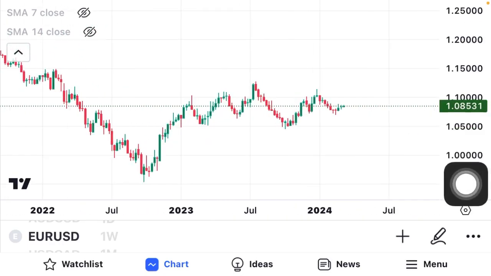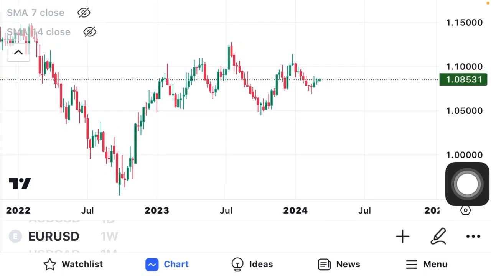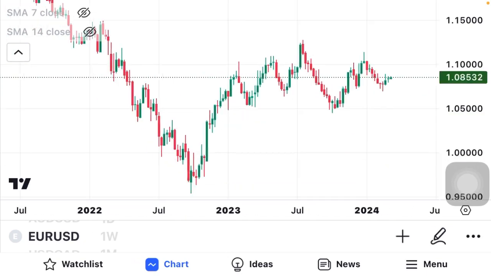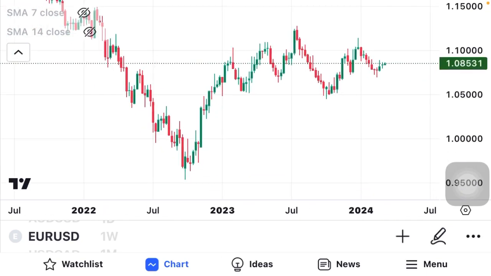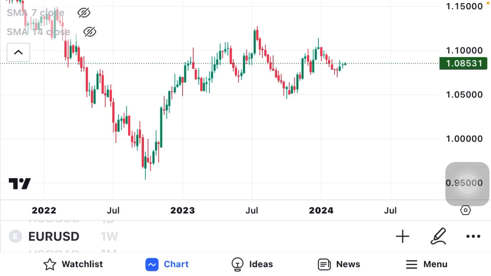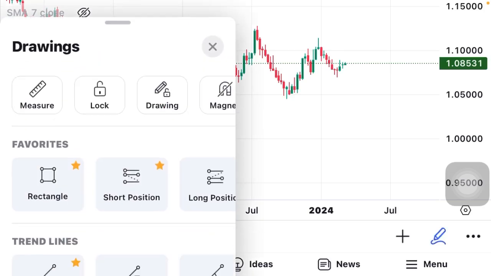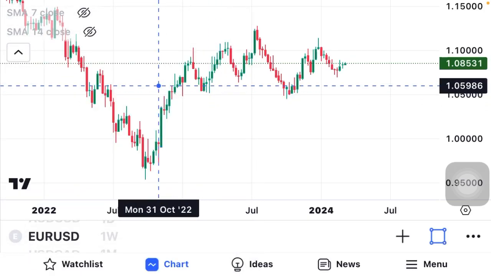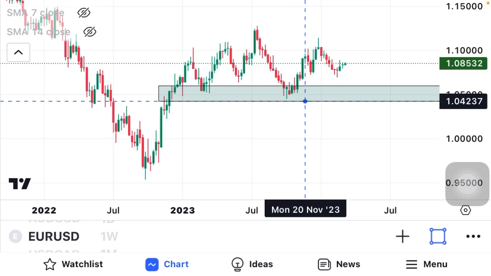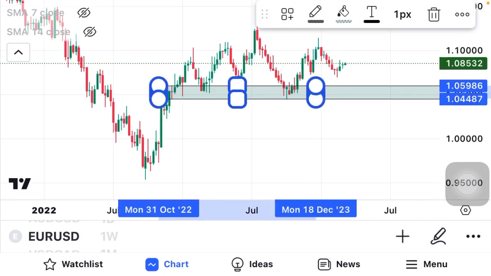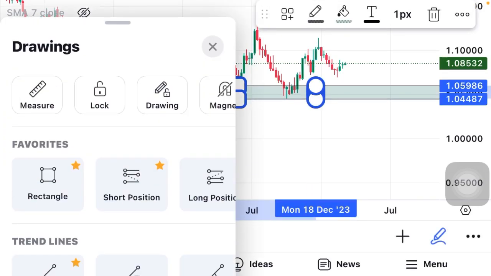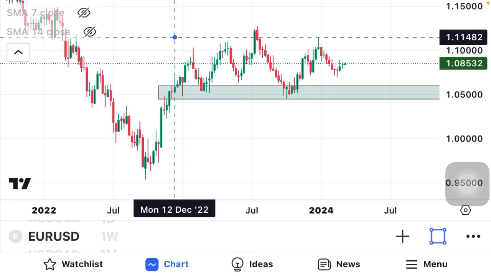Let's say I want to trade this AUD USD, what will I do? I think I am seeing a support and resistance here. Yes. Okay, I'll plot my support zone. I'll take another one. I'll plot again.